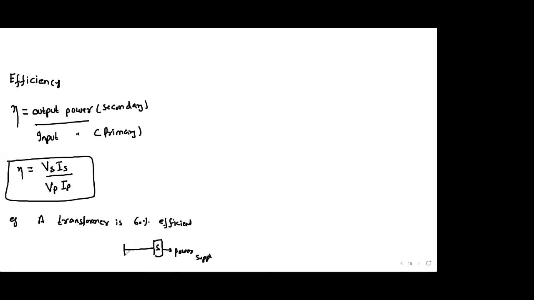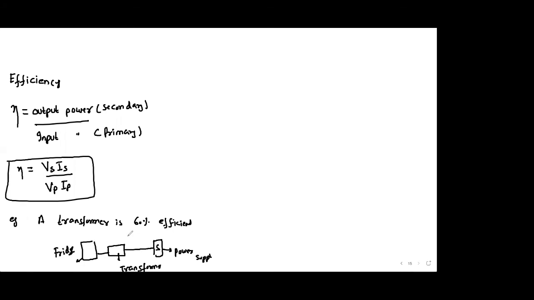Through this AC power supply, you connected a transformer. And from this transformer, you connected something else, like you connected a device, say you connected an AC. So 60% efficiency, not AC, you connected something else. Say you connected a fridge.